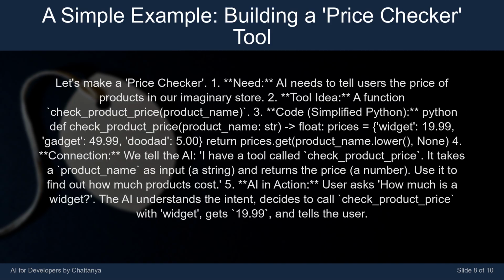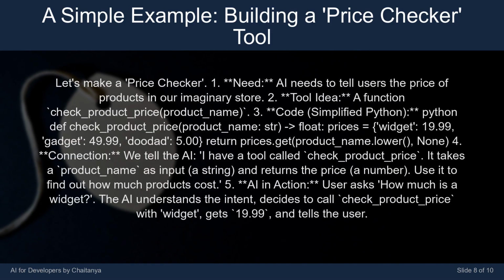Simplified Python. def check_product_price(product_name: str) -> float: prices = {widget: 19.99, gadget: 49.99, doodad: 5.00}; return prices.get(product_name.lower(), None).